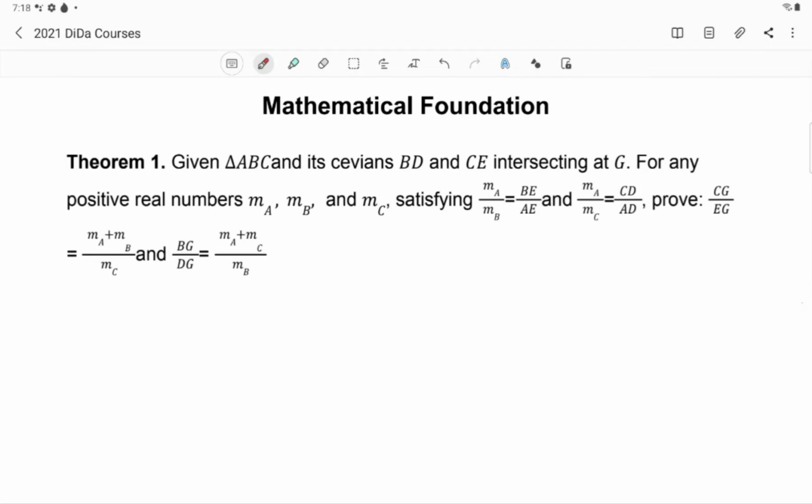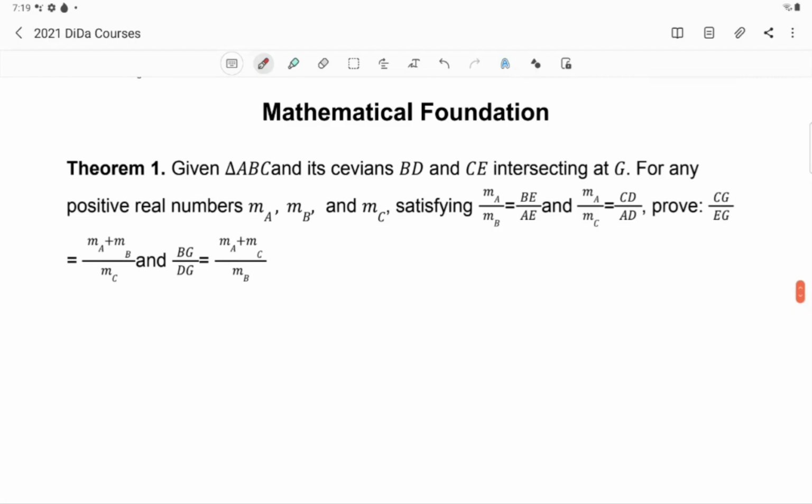Because I tried to teach this method to my own kids, I really want to feel secure myself also, right? So I want to find out whether there is a solid foundation, or in fact a theorem, behind it.